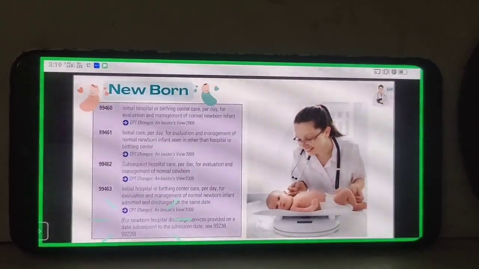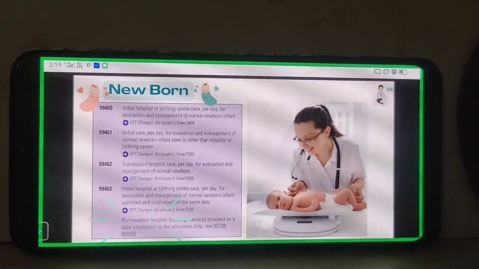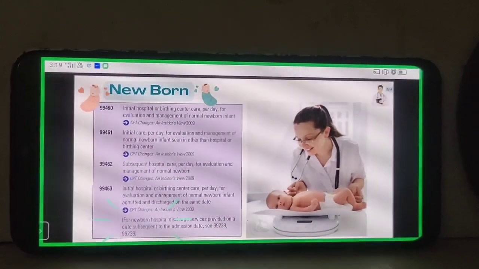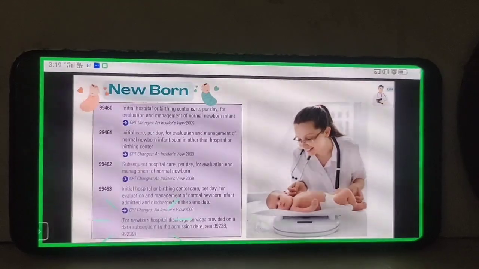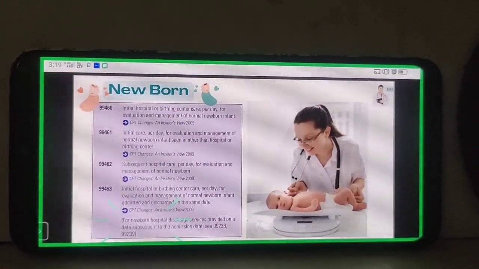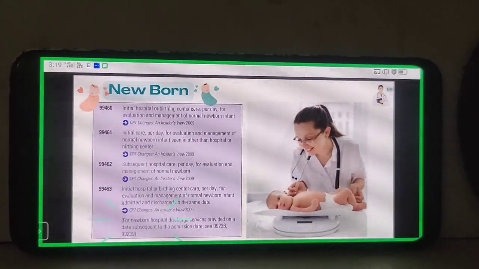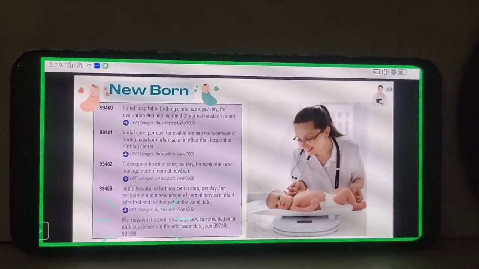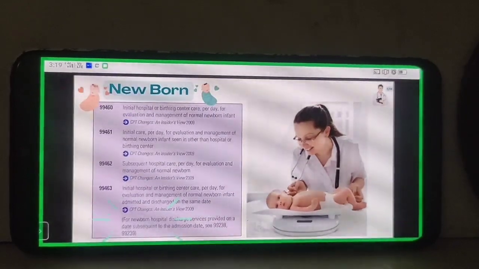On the day of discharge, we should apply the codes; see the last three lines of the paragraph. For hospital discharge service provided on a date subsequent to the admission, see 99238 and 99239. If a newborn is discharged from the hospital, we should apply 99238 and 99239.